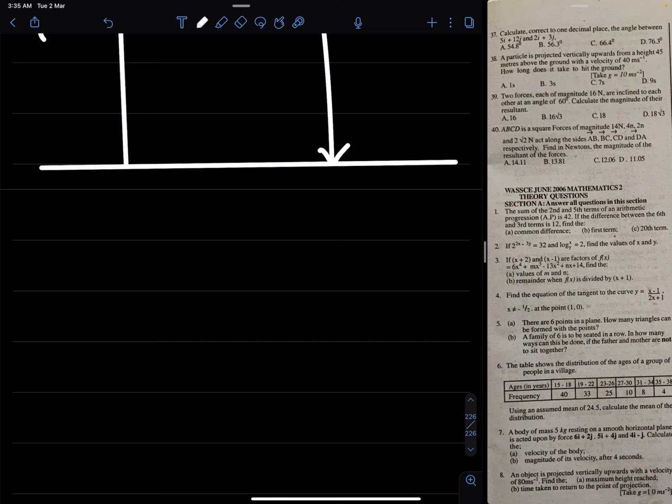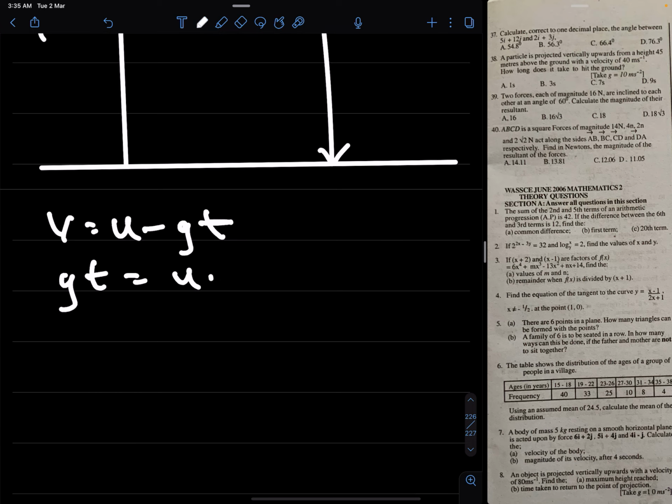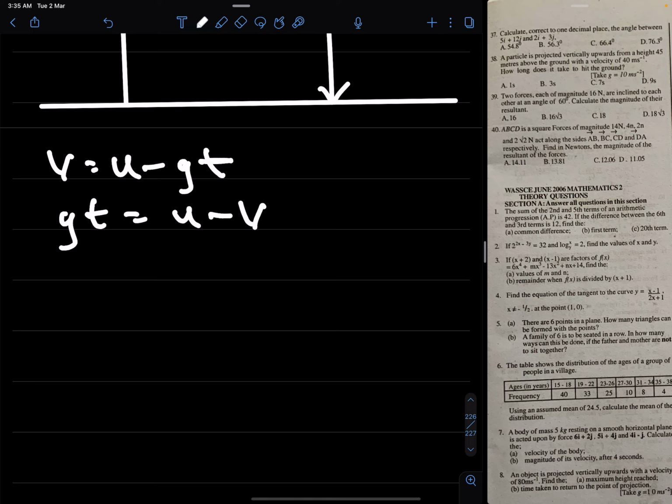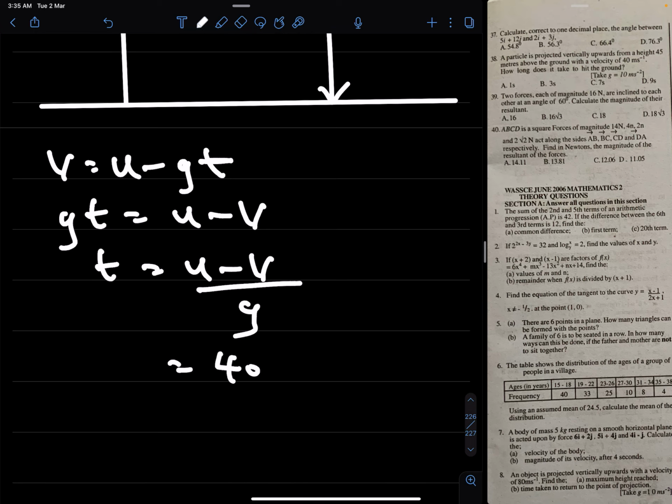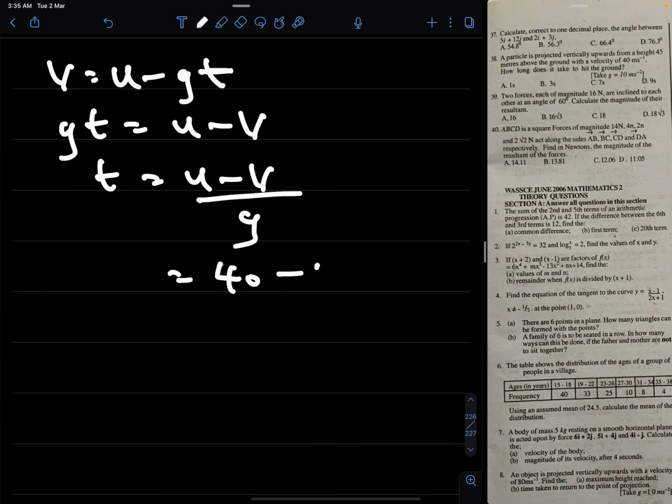Time to hit maximum height, V equals, it is going up, so it's against gravity. That will be U minus GT, which simply means GT equals U minus V. So that means T equals U minus V over G, where U is 40 meters per second minus V, which is 0, over 10.